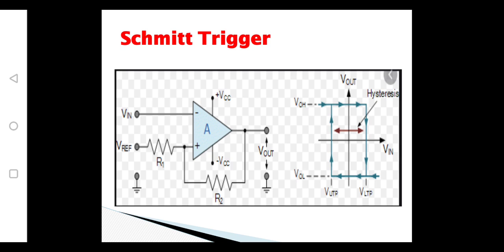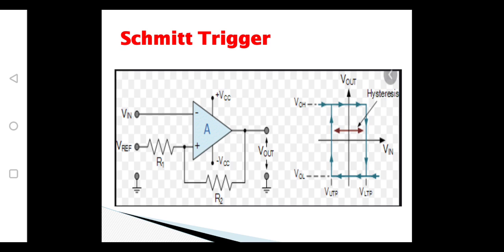So this is a diagram of a Schmitt trigger. The difference between the previous comparator circuit and this one is that in a comparator there is no feedback path, whereas in a Schmitt trigger we have a feedback path, and depending upon the feedback resistance values, the output will have two levels.